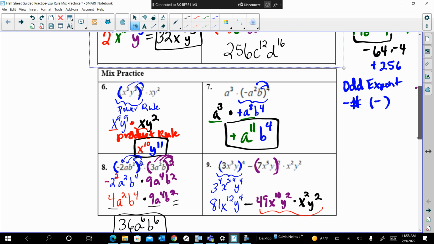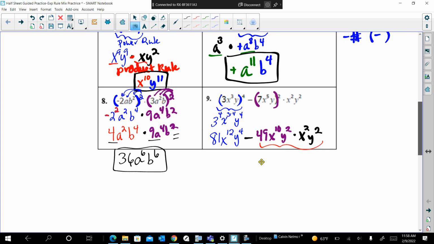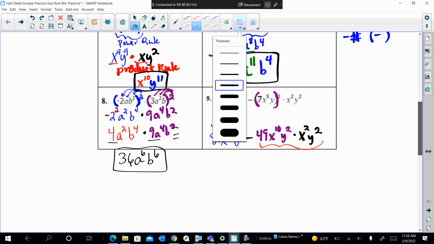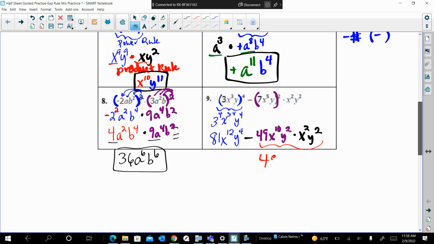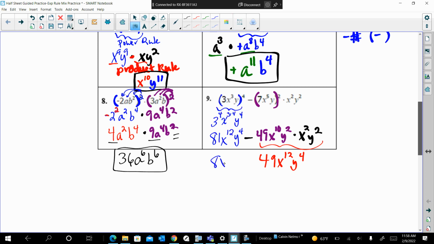All right, so this one right here is still a coefficient of 49, but now it's x to the 12th, y to the 4th. You should have added those exponents. And we had the 81 x to the 12th, y to the 4th. Okay, and we're subtracting them.